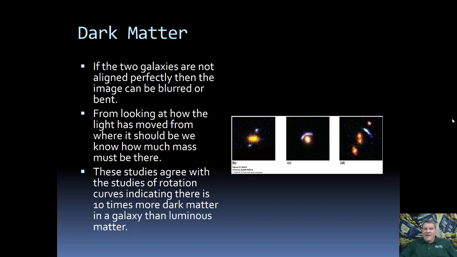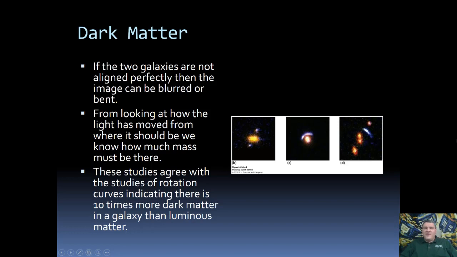Okay, so knowing where the galaxy should be and seeing the separation, that will tell us the amount of mass of this yellowish galaxy here in the middle. Okay, if the alignment isn't exactly right, then instead of getting the nice blue spots, we can get these arcs and lines and bends and all of these other sorts of things.